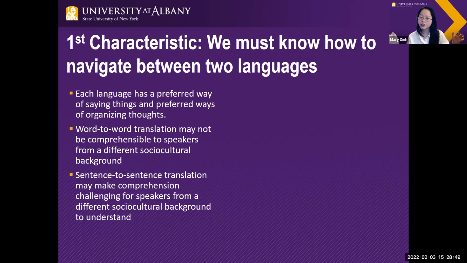But in the Vietnamese language, maybe what we really mean to communicate and emphasize will be put at the end of the sentence. So if we write like that in English, that would be a little bit unnatural for an English reader or the professor who is American to follow our thought.